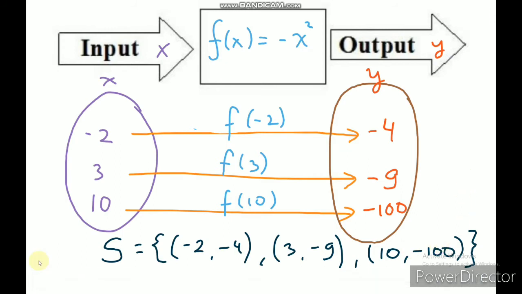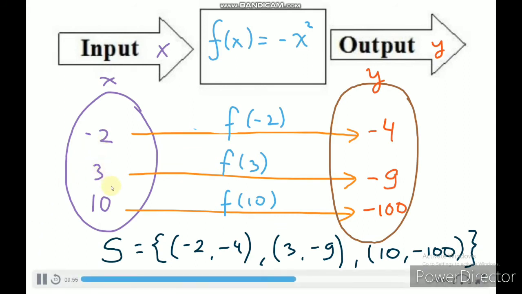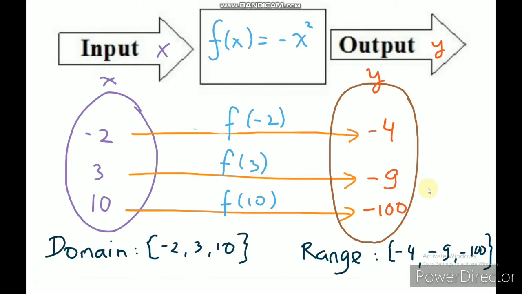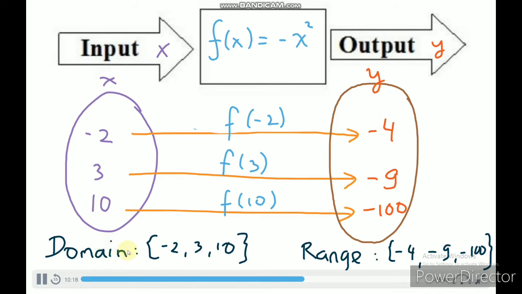If you have 3 raw materials, in the end you will have 3 products, and there are 3 solutions, although it doesn't always work that way in other cases. But for these specific cases, yes, we have this situation. Or if I put the domain in braces, it consists of 3 values, -2, 3, and 10, and the range consists of 3 values, -4, -9, and -100.